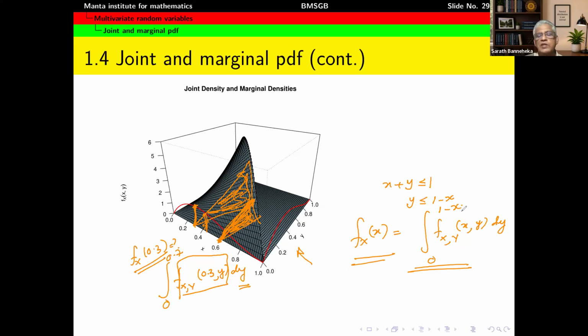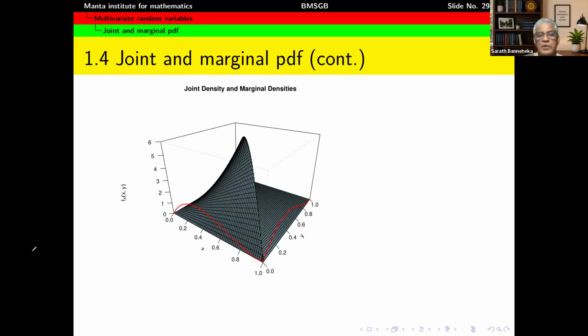Similarly, if you want to get the marginal density function of y, let me first delete this one. For example, if you want the marginal density function when y is equal to 0.4, you imagine you are cutting this surface along this line, and then when you look from this side, you will see a certain curve, right?